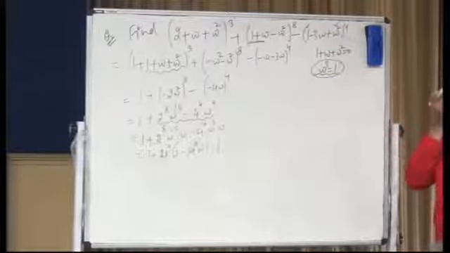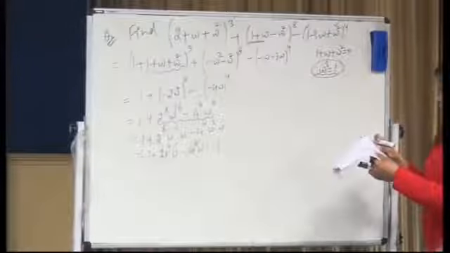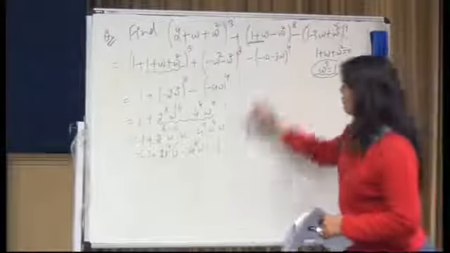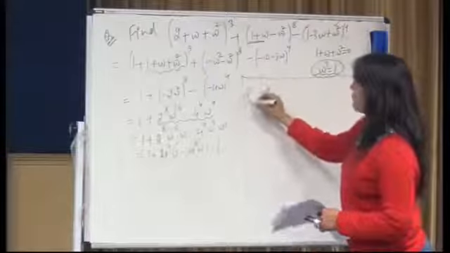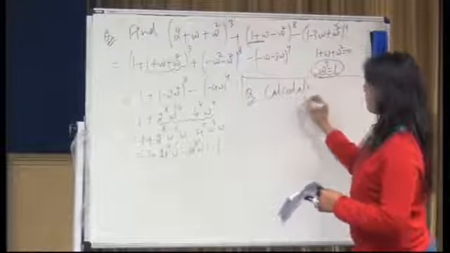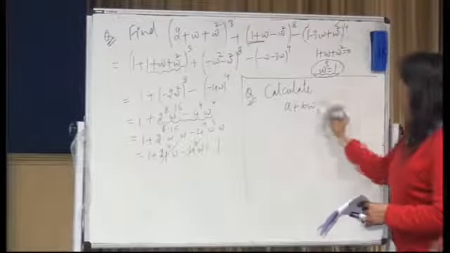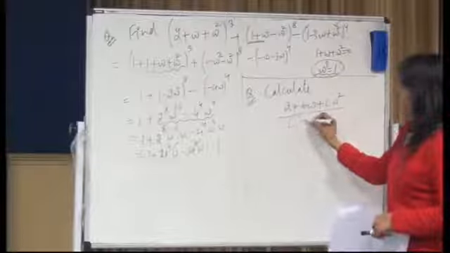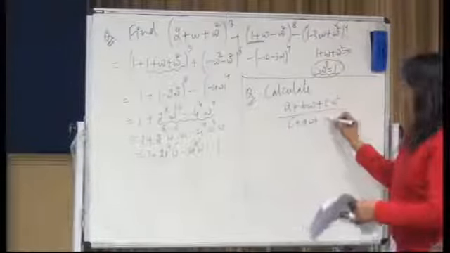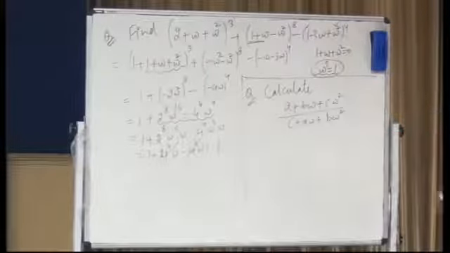Such questions you will be able to do, very simple actually, and big terms you get in your exam. So the next question is, you have to simplify these. Anybody, because I have a trick with me, what trick will you suggest?